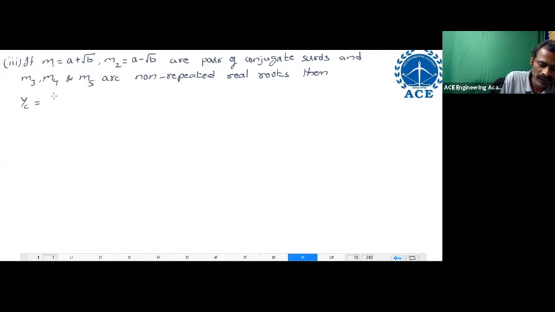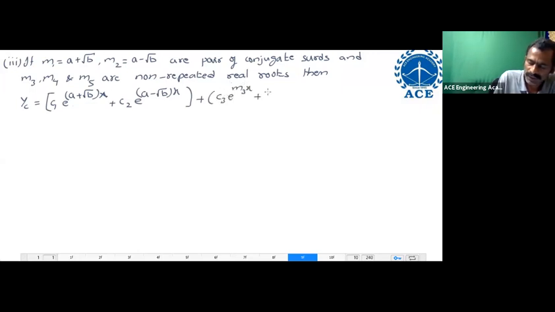First one, C1 e power a plus root of b, x, plus C2 e power a minus root of b, x, plus, corresponding to the other 3 roots, C3 e power m3x plus C4 e power m4x plus C5 e power m5x.